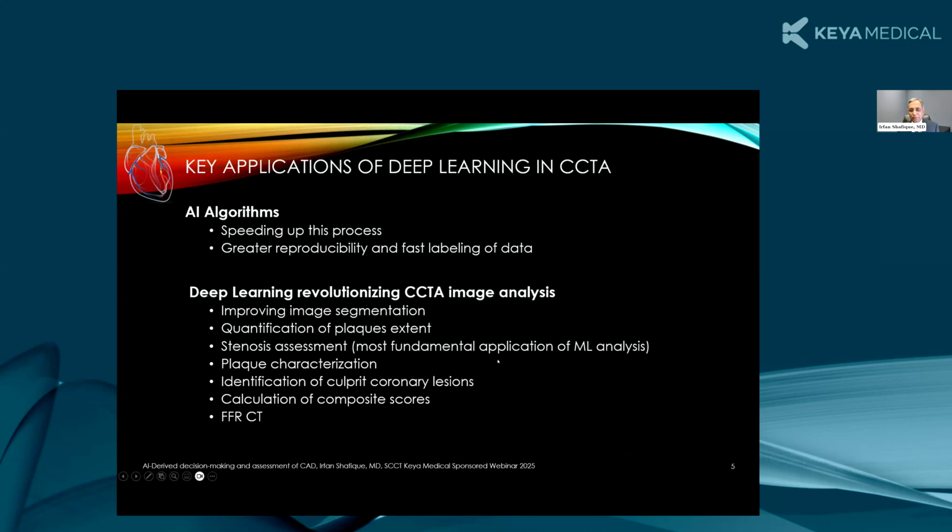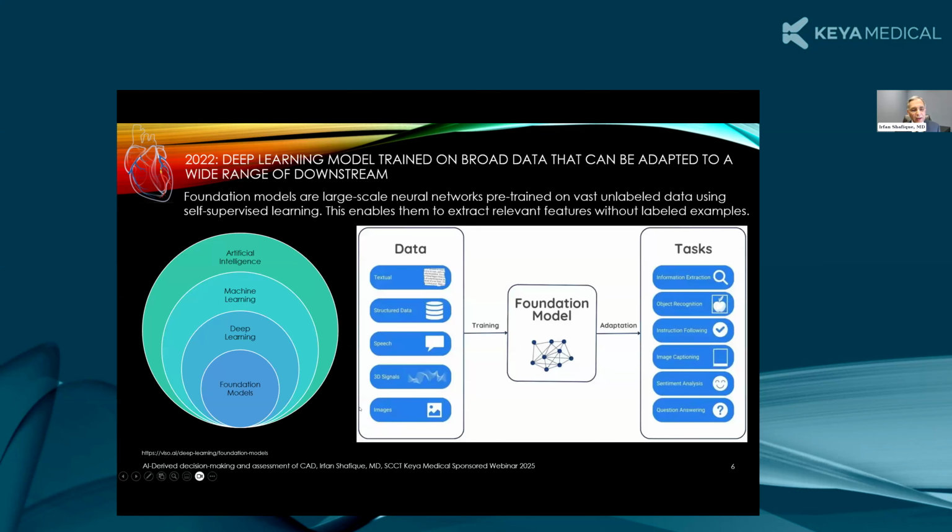That's the most fundamental application of machine learning analysis. Then there are plaque characterization and stenosis assessment, as we discussed before, identification of culprit coronary lesions, calculation of composite scores, and of course FFRCT. These are all helped by AI.